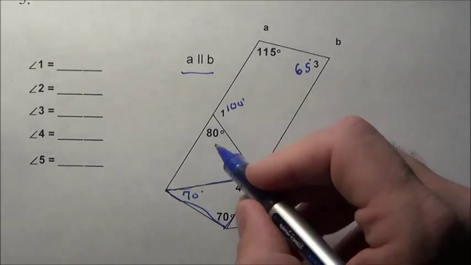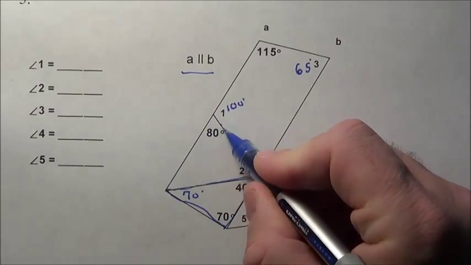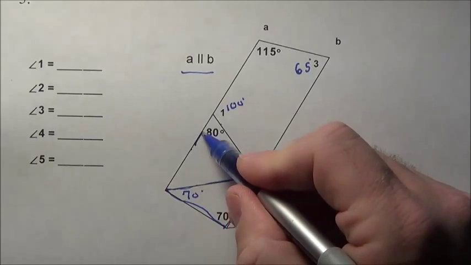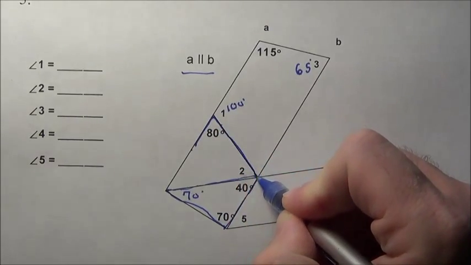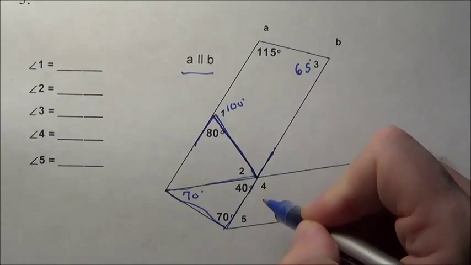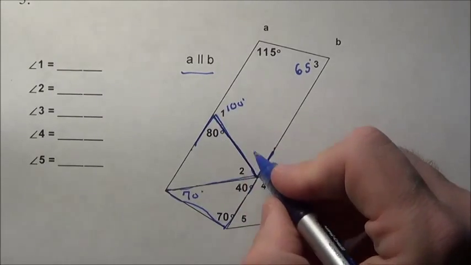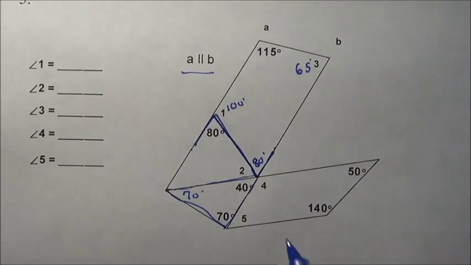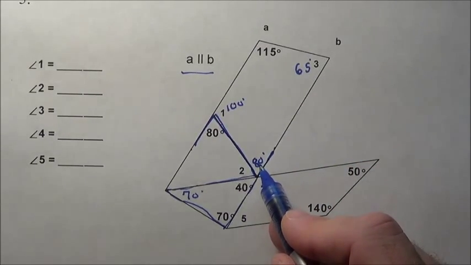All right, what else do we know? Well, I see this line touching A and B, and I notice my friend, Mr. Z-Meister. We love the Z-Meister. There's the Z there. If this corner of the Z is 80, this corner of the Z has to be 80. So I now have 80 degrees here.